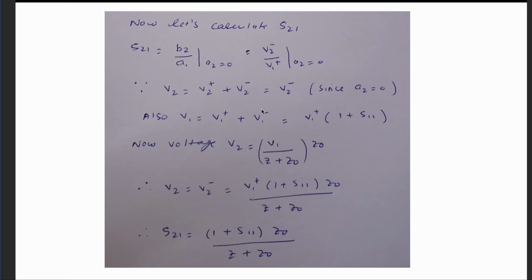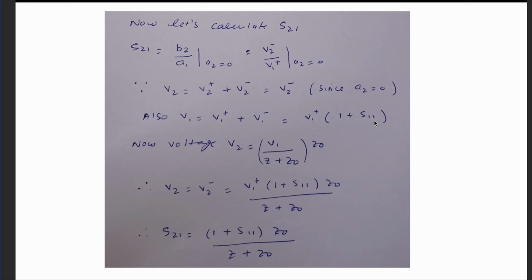So I can write V1 minus as S11 times V1 plus, and V1 plus comes out, giving 1 plus S11. So V2 is equal to V2 minus, and V1 is equal to V1 plus times 1 plus S11.